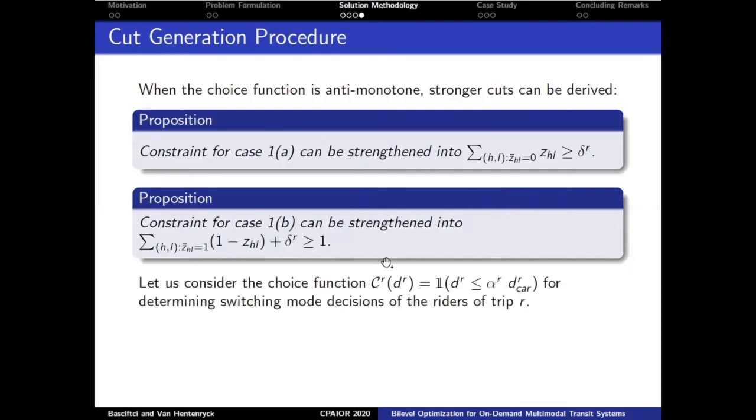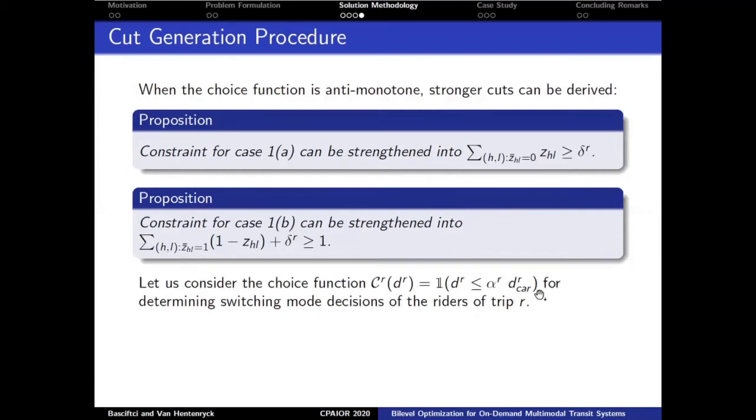Then let us consider the choice function in here, where we compare this dr, which is the cost and convenience of the trip suggested by the ODMTC, with the dr car, which is the current mode of travel we assume, as with the personal vehicles of the riders.